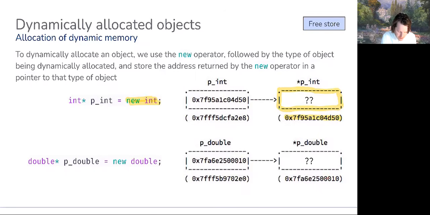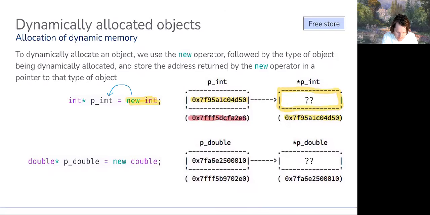So we go ahead and put that address in pint, which is a pointer to an integer object. Now notice here that pint's value is the address of our dynamically allocated object. Recall here too that a pointer is an object in its own right, so it has an address as well.